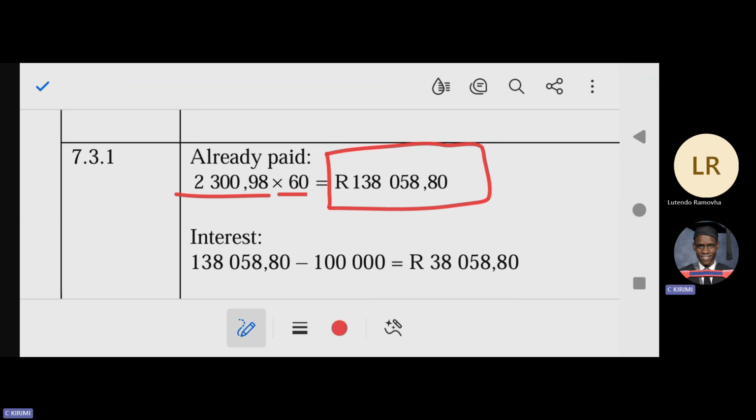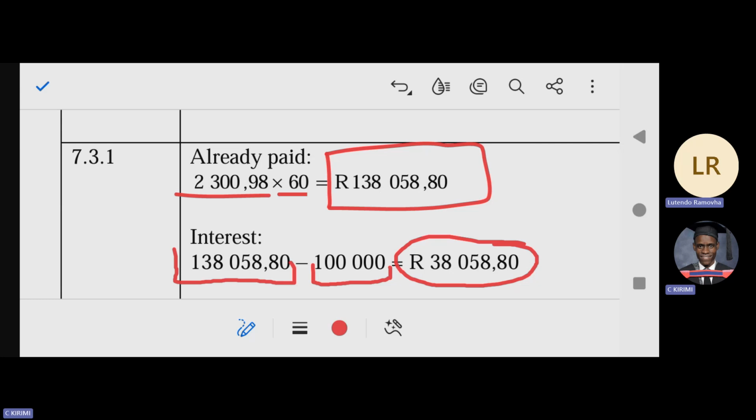This is the amount which you paid with interest. This was the amount which we were actually given. Since it's business, these people are making a profit out of you, which means the firm or the loan sharks that have given you money have profited 38,058 rands 8 cents after the 5 years. That is the amount that they would have gained. Get it? Yes, sir.